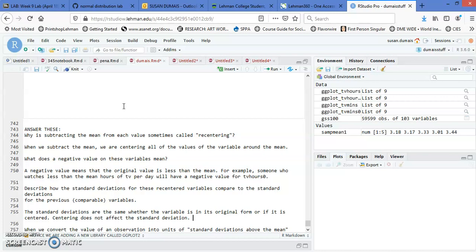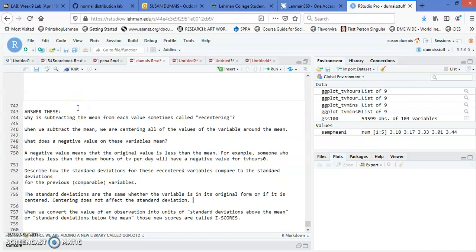We're converting our variable. You can convert it by subtracting the mean, and another thing you can do is subtract the mean from a variable and divide what you get by the standard deviation. That is what a z-score is. When you take an observation, subtract the mean, and divide it by the standard deviation of that variable, it's a z-score.